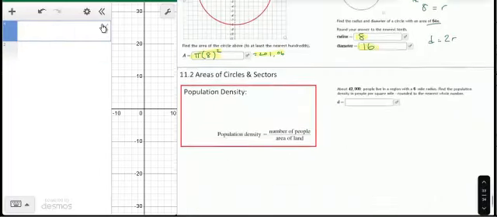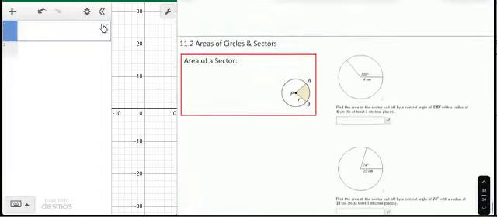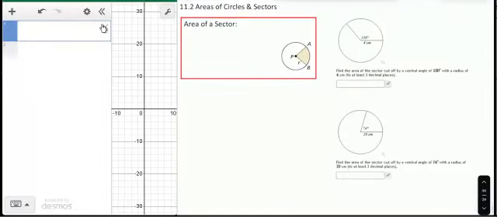All right, I'm going to slightly change the order of the slides. I'm going to jump to this slide on the area of a sector, and then we'll come back in just a bit. Okay, when we're dealing with the area of a sector, it is just a portion of a circle's area, just like an arc length is a portion of the circle's circumference.